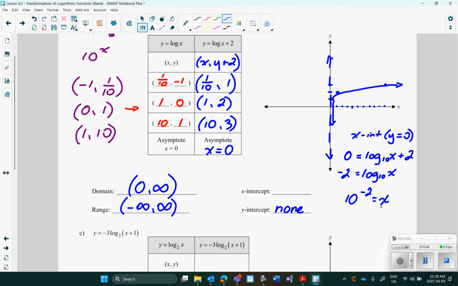And what is 10 to the -2? 1 over 100. So it would be very rare to get a question like that where you have to figure it out algebraically. Most times you're going to be able to read it off the graph, but I did want to show you one where it's like that.